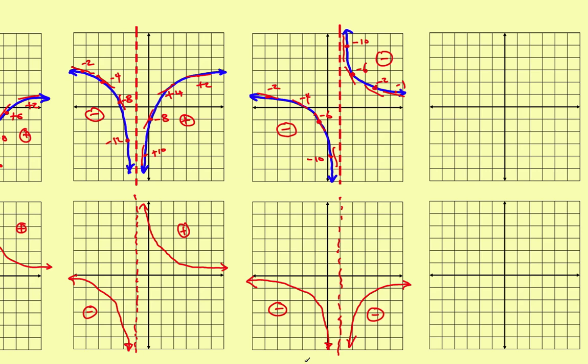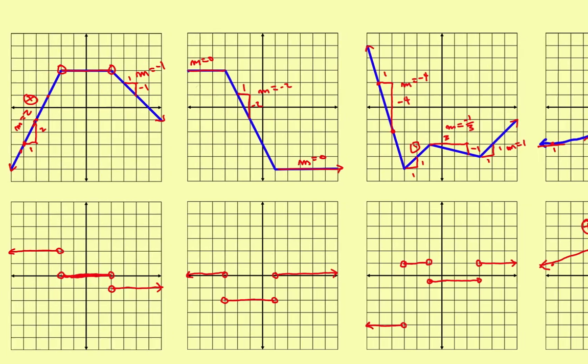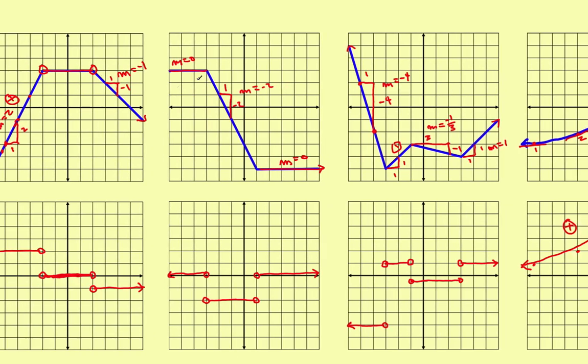So there's some samples for you, but just remember, when you're sketching graphs, I think I'll go back to these two right here, just to remind you, if the original graph is a straight line, then the graph of the derivative is going to be a constant.